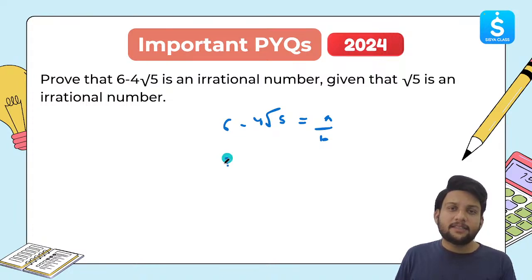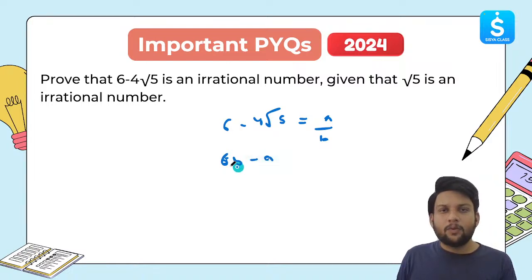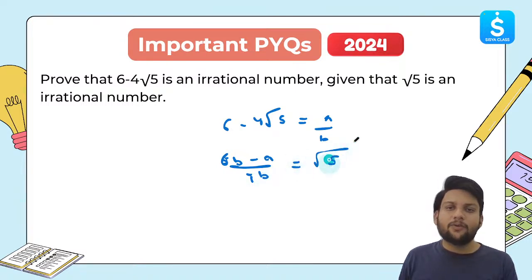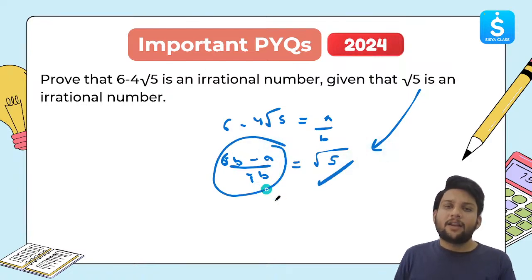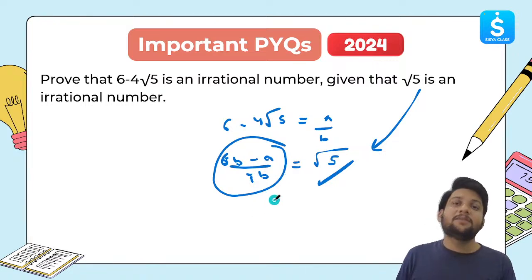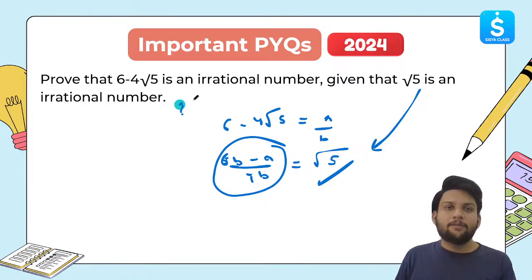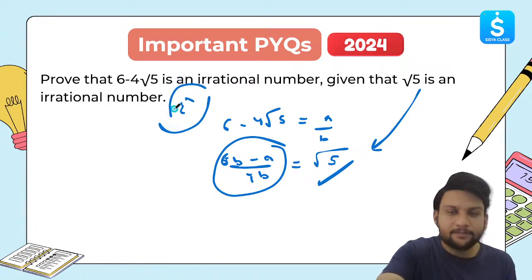So I will get (6b minus a) over 4b equals root 5. It is already given that root 5 is irrational, but the entire part on the other side will be a rational number. Can a rational and an irrational number be equal? No. So this will come for 2 marks, and 2 marks is in your bag. I hope it is clear.